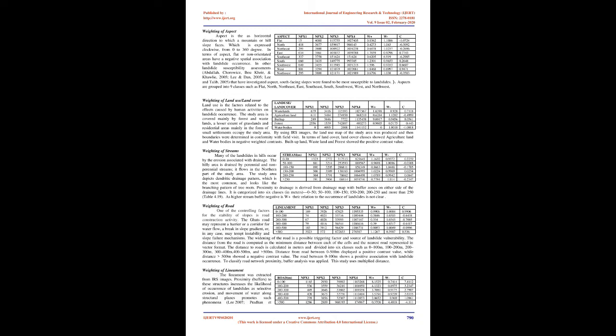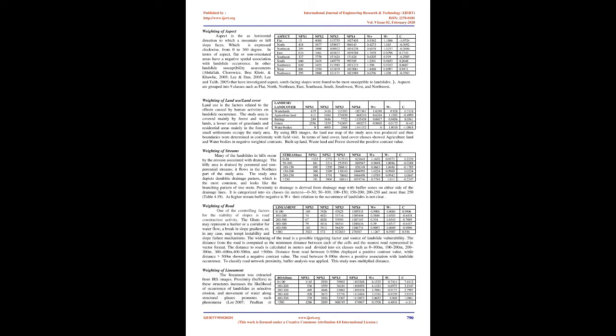In other landslide susceptibility assessments, Ayalew, Yamagishi, Ugawa, 2005; Lee and Min, 2005; Lee and Talib, 2005, that have investigated aspect, south-facing slopes were found to be most susceptible to landslides. Aspects are grouped into 9 classes: flat, north, northeast, east, southeast, south, southwest, west, and northwest.